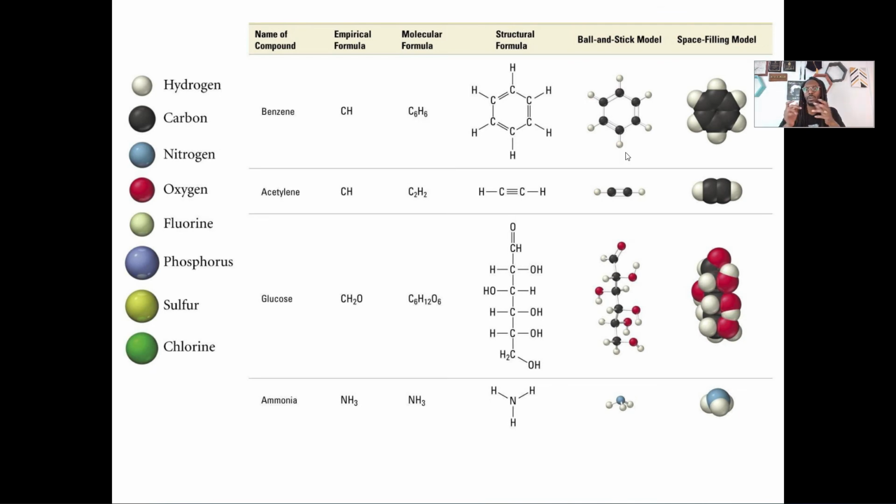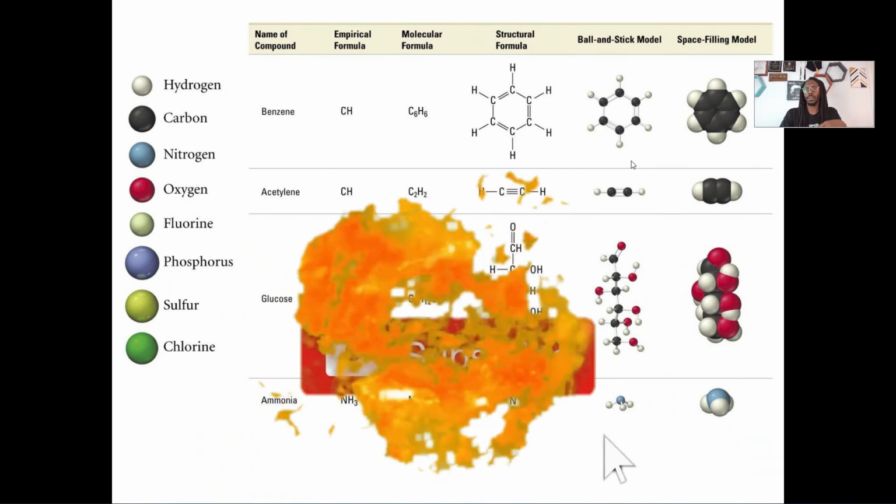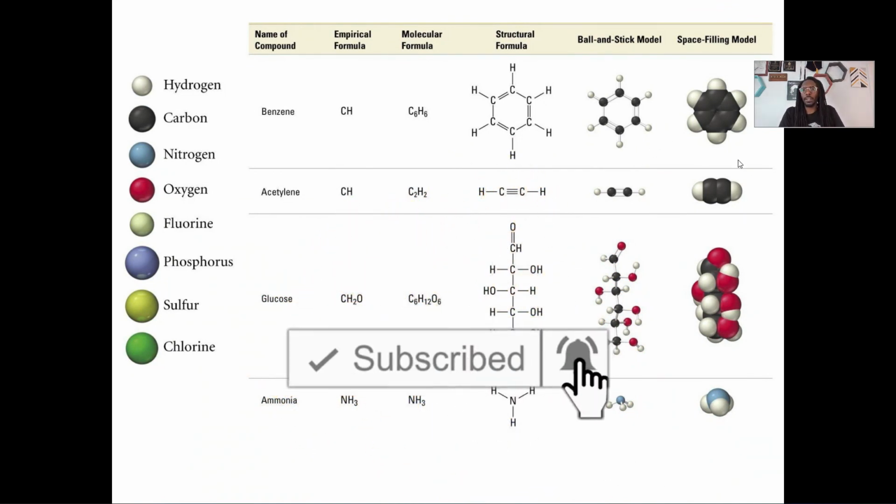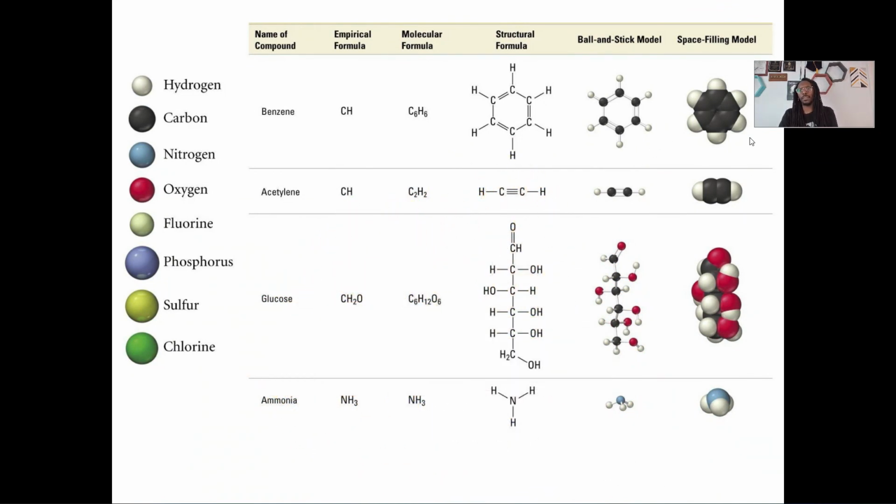It's really helpful when you look at how things are going to be attached, or when certain things are being replaced. And then the last model is the space filling model. This is more of a 3D aspect. For our elements, they are represented as spheres, because we understand there's a whole electron cloud around the nucleus, which we learned earlier.